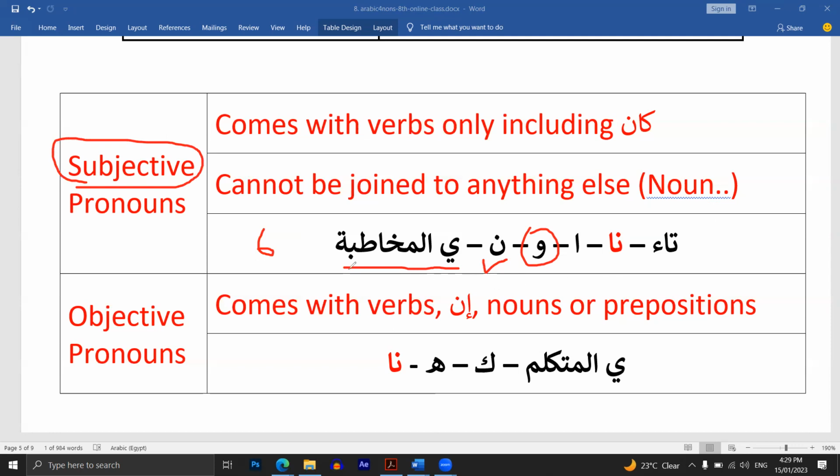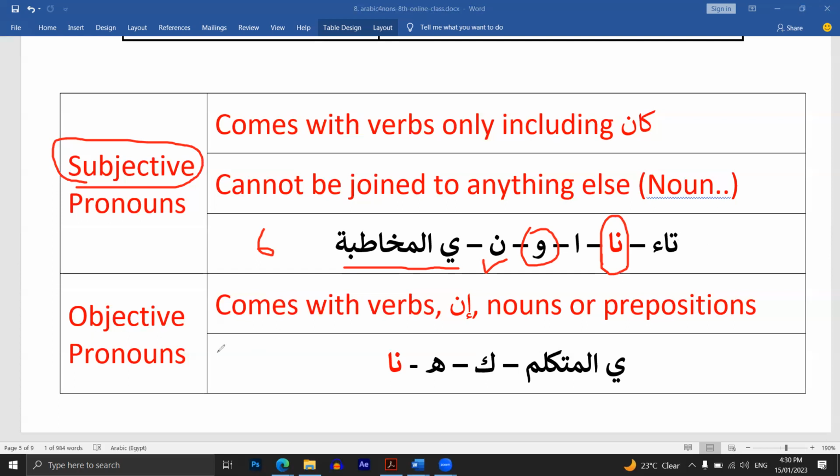All of them except for نا الفاعلين, all of the remaining 5, تا, ألف الاثنين, واو الجماعة, نون النسوة, and ياء المخاطبة, cannot be joined to anything else except a verb. This is easy enough. Once you see them connected to a verb, automatically it will be the subject of this verb. I hope it's clear now.